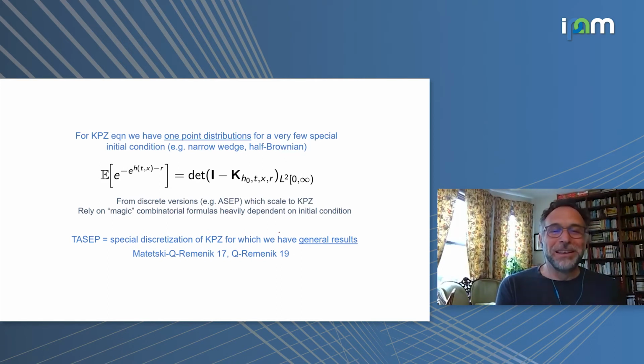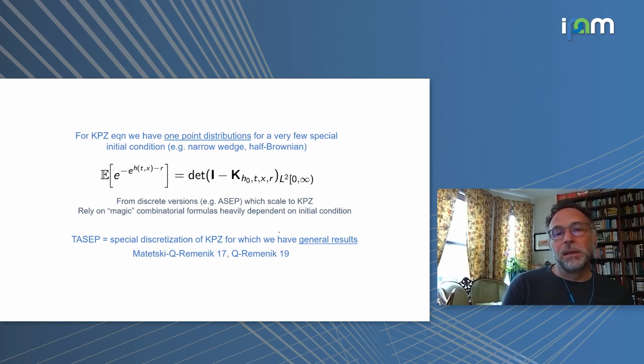What does that mean? Well, KPZ actually turns out to be just the log of another stochastic partial differential equation, the multiplicative stochastic heat equation. I haven't written that here. But that equation, if you start it with the delta function, makes perfect sense. So starting that equation with a delta function and then taking logs is what we call narrow wedge. You take the log of the solution of the heat equation, and log basically looks like minus x squared over t, and that's a narrow wedge. So that's why the physicists call that narrow wedge.